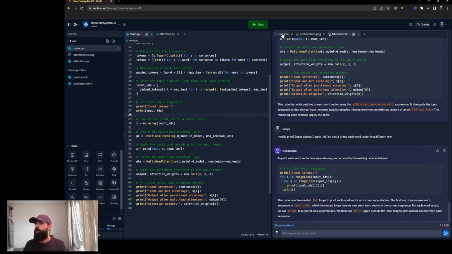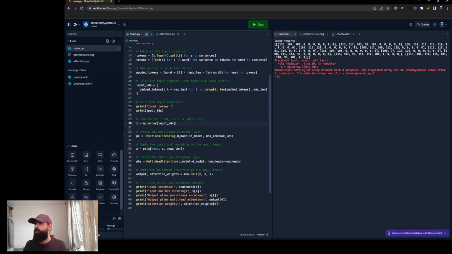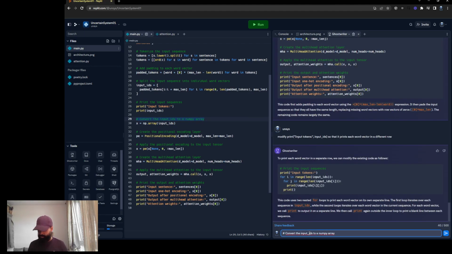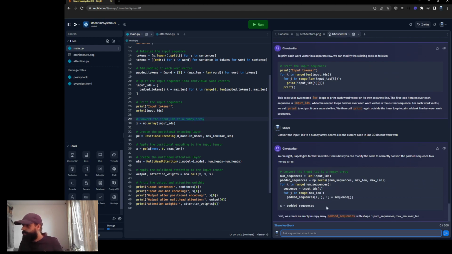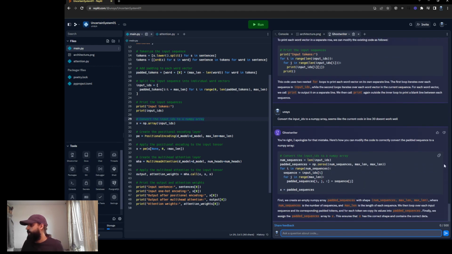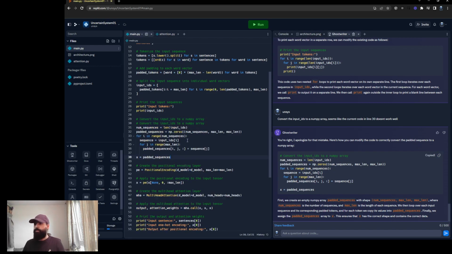Now, what comes next? The next thing is convert input IDs to NumPy arrays. So what is that? Okay, so can we now convert... seems like the current code in this line doesn't work well. Okay, so we copy that, and then what is it that we have here now?